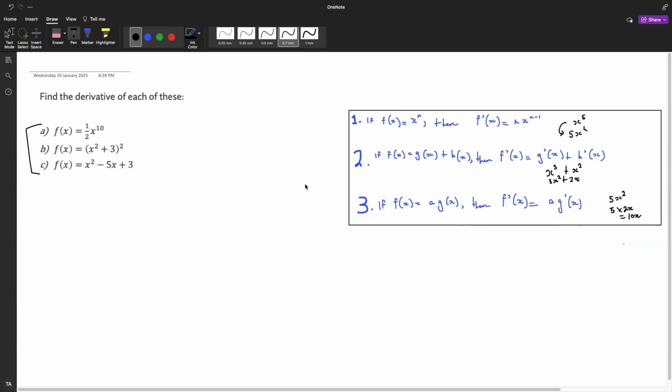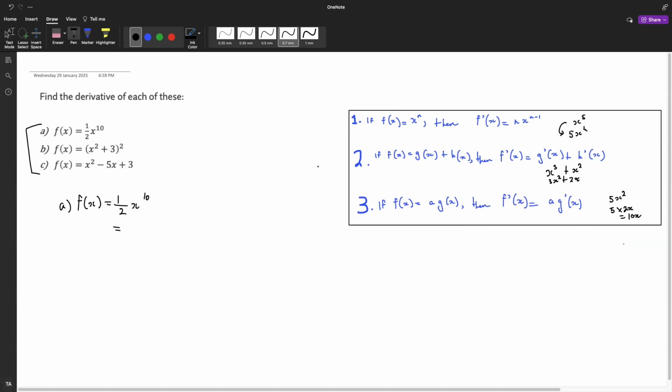And I will go through each of these questions so you can understand the rules in more detail and build speed for these derivatives. Starting with the first one, we have f(x) is equal to half x to the power of 10. To differentiate that one, we're going to follow the first rule and the third rule.